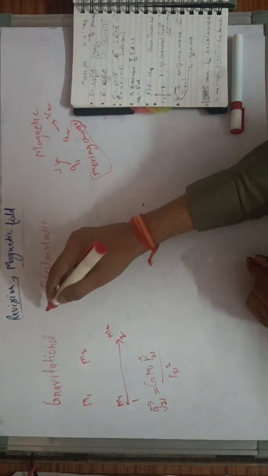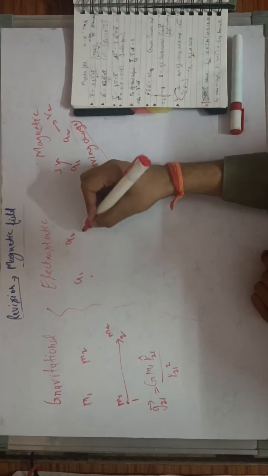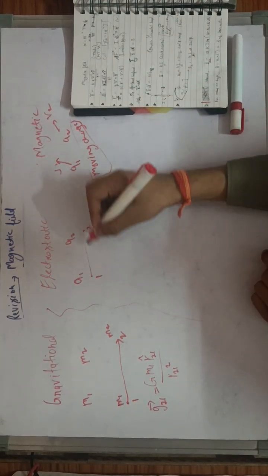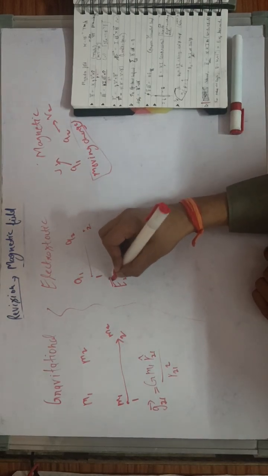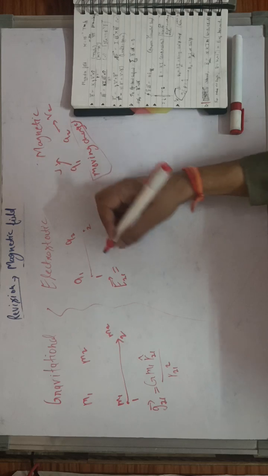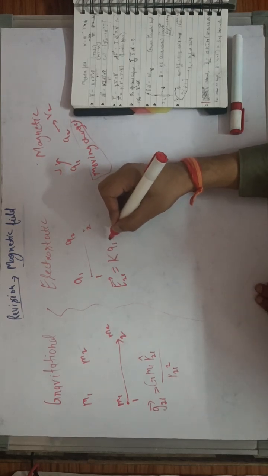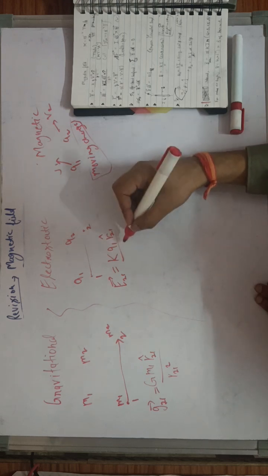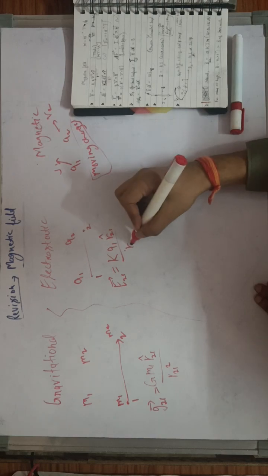In case of electrostatic force, the electric field at point 2 due to charge q1 is equal to the constant k multiplied by q1 r21 cap divided by r21 square.